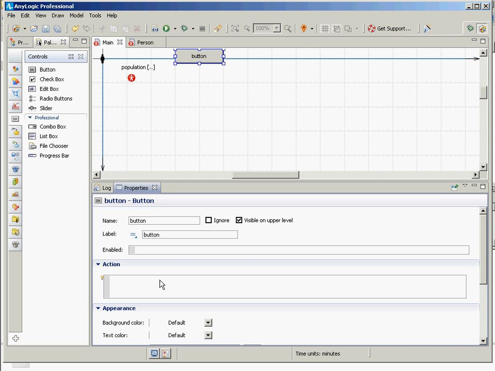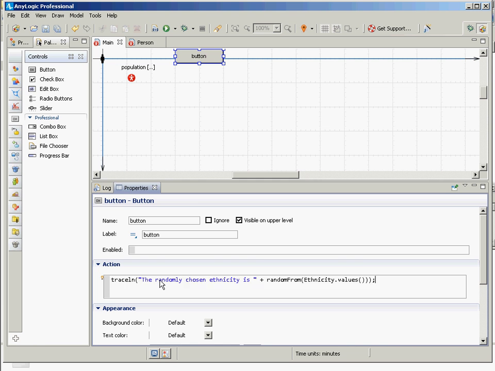We're going to print out a value when they press this button. We're going to say the randomly chosen ethnicity is, and then we're going to do random from ethnicity dot values.